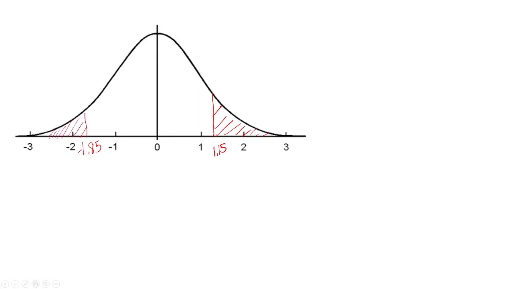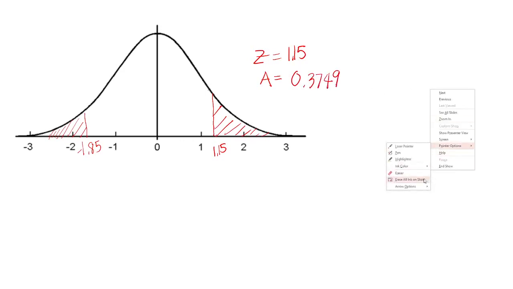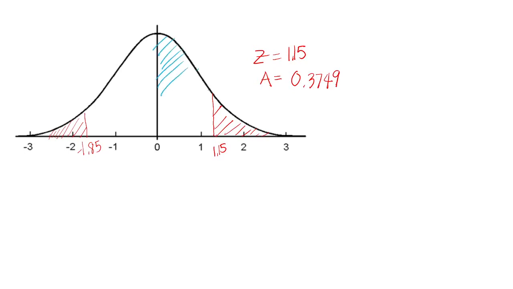Let's concentrate first on 1.15. If z is 1.15, what is its area? 0.3749. And take note, that area is this part. So how would you solve for the red part?